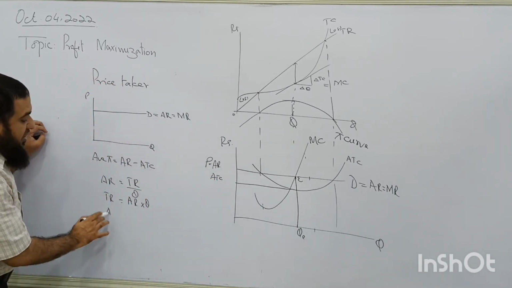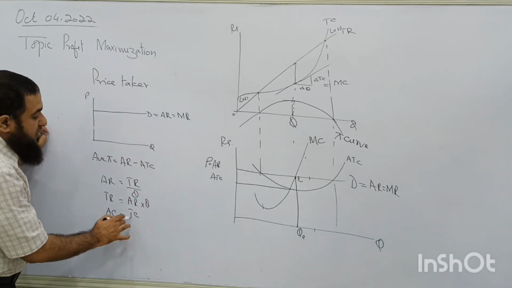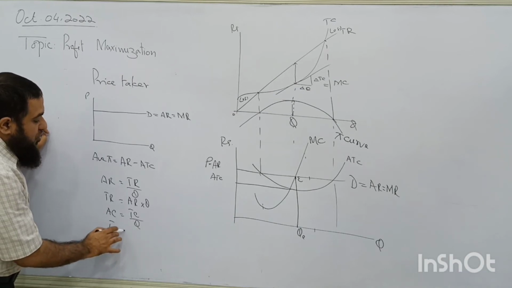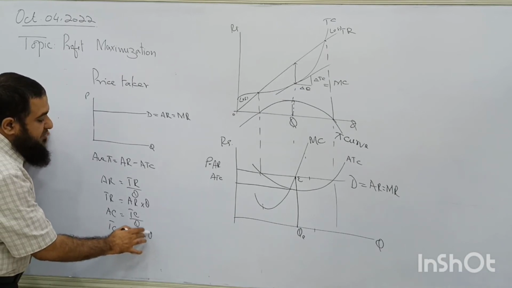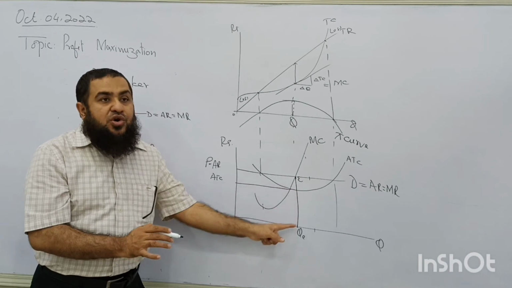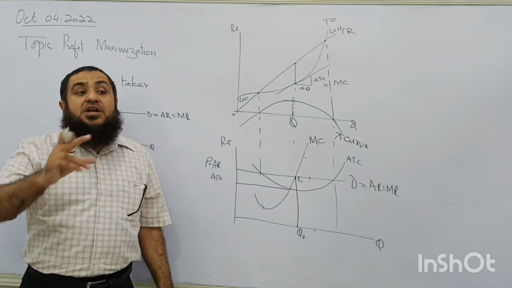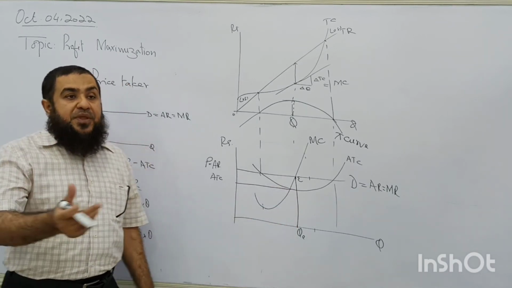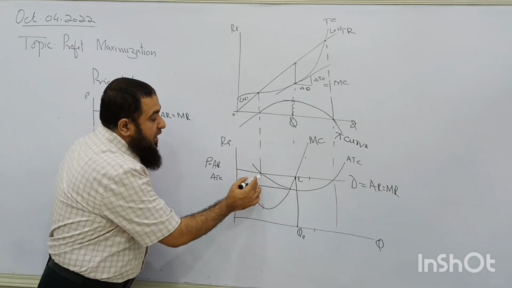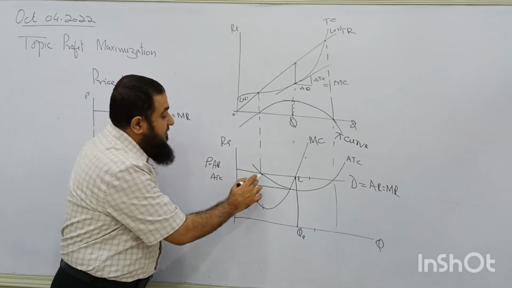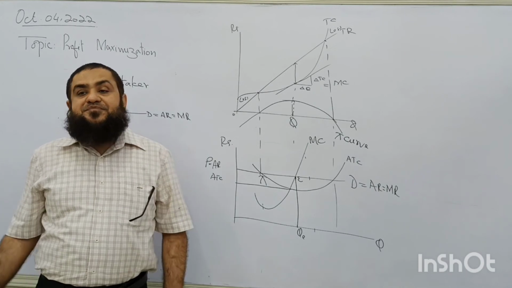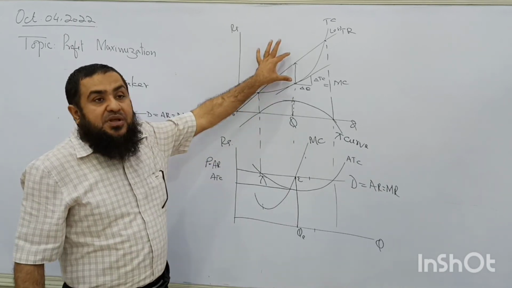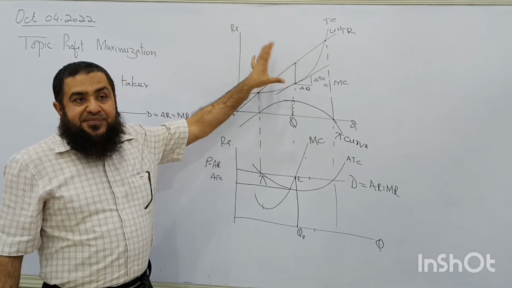And what is average cost? This is total cost over quantity. So the total cost is average cost multiplied by quantity. So this lower rectangle area will tell us the total cost of the firm. So the gap between average revenue and average cost will give us the profit of the firm. And this is the same which is shown over here.